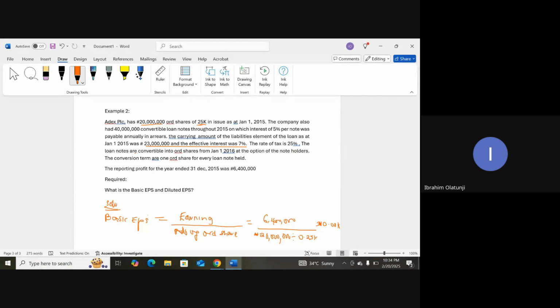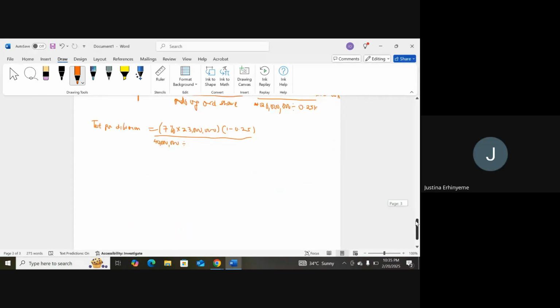The loan notes are convertible into ordinary shares from 1st of January 2016 at the option of the loan holder. The conversion terms are one ordinary share for every loan note held. Is it clear now? So it will be 40 million.